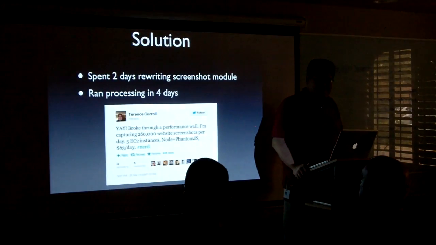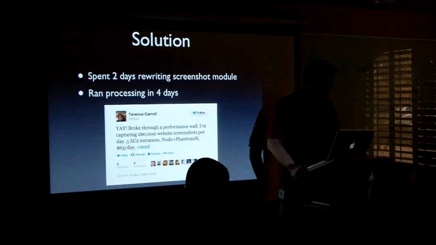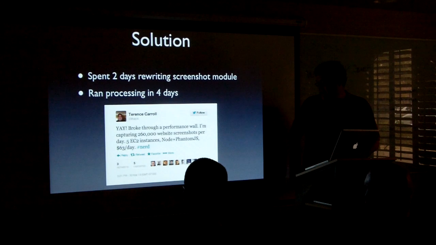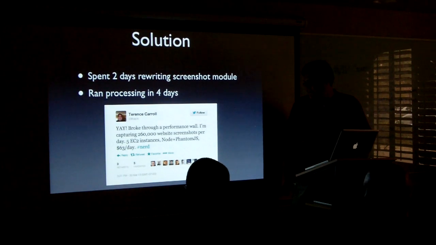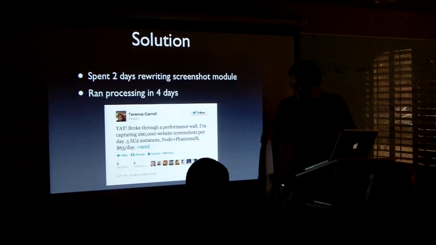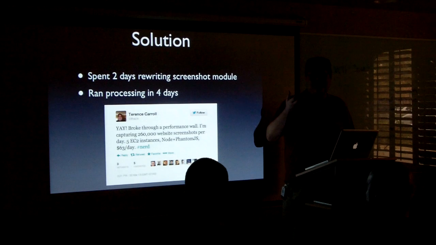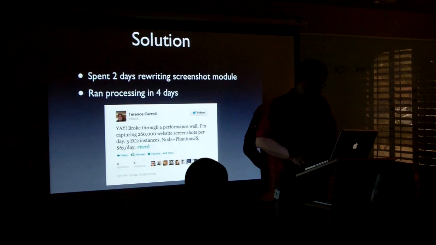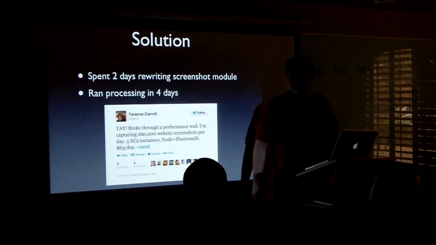I spent about 2 days rewriting our screenshots, and I ran the thing in about 4 days, and at the end of it, we were doing about 260,000 screenshots per day. When I finally calculated the cost of the EC2 instances, it was about $63 per day with 5 EC2 instances. One was our master database server, and the other 4 were just PhantomJS slaves.